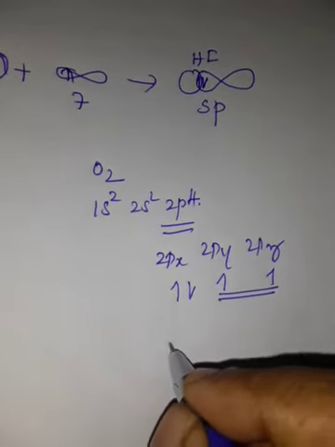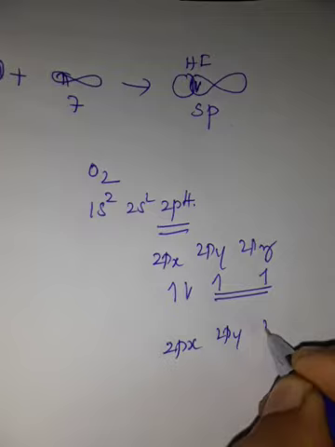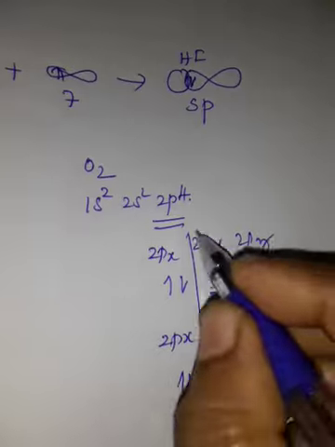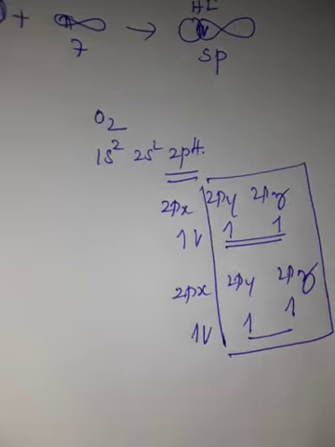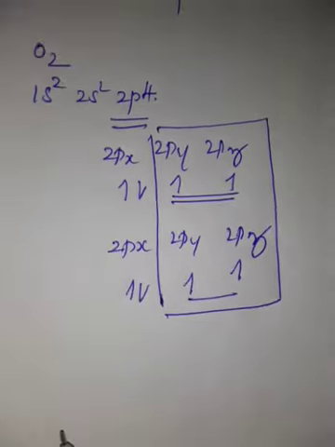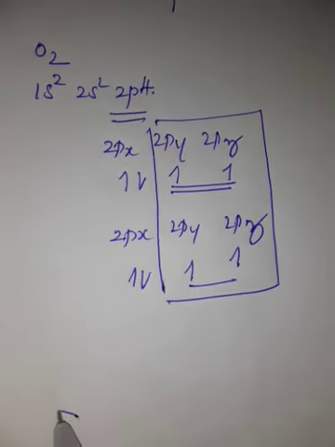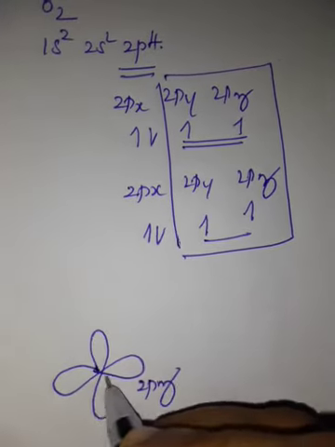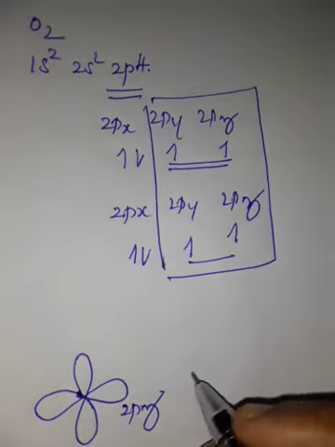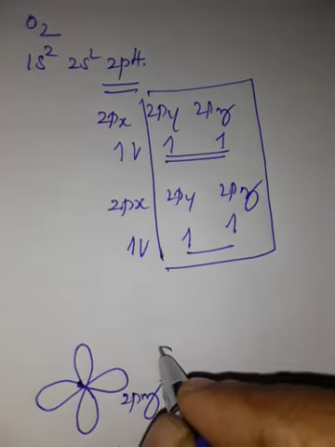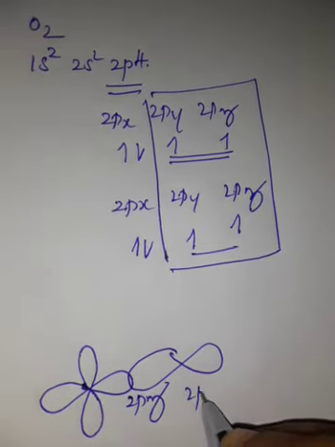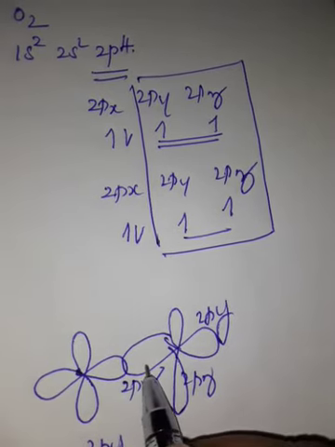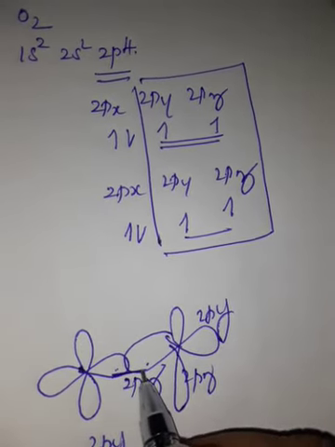So, for the two oxygen atoms, the 2py and 2pz each have one electron. This is for one oxygen, and the other oxygen has its own 2py and 2pz. The 2pz orbitals overlap head-on, so a sigma bond.